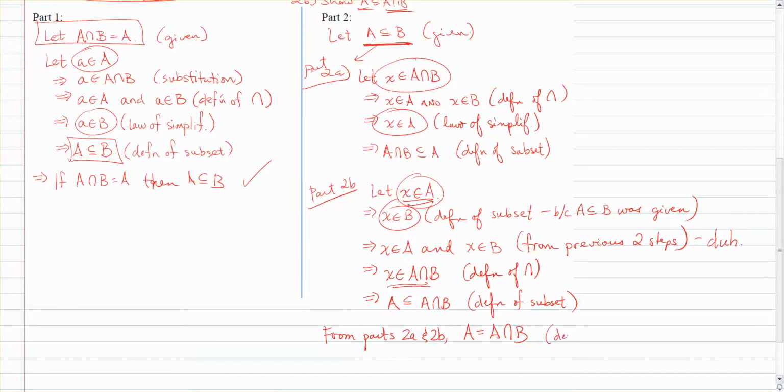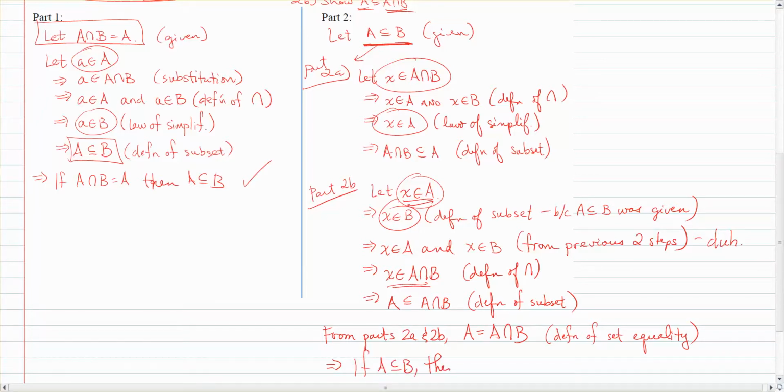This is actually the definition of set equality. If you can prove that each is a subset of the other, then the sets are equal. So that's how you define set equality. Okay, and so all that tells us if A is a subset of B, then A equals A intersect B.